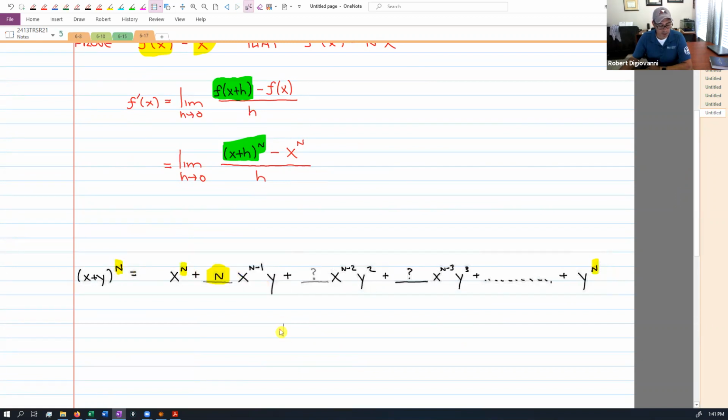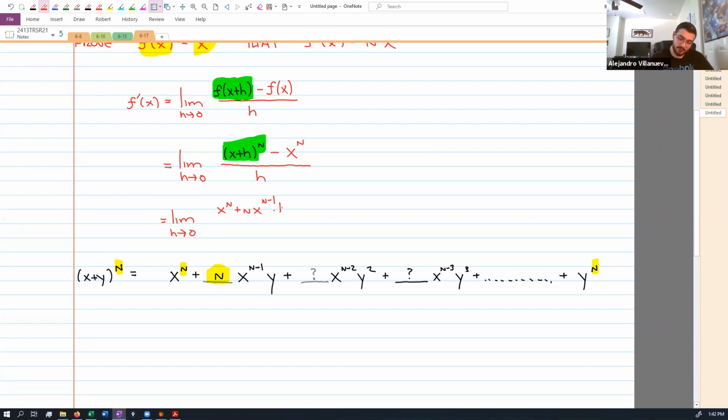So using what we already established, this should be equal to, you know what, I'm gonna do it here. Limit h goes to 0. This in green becomes x to the n plus n x to the n minus 1 times what? What do we have instead of y? H. So times h plus some number that I never figured out, then x to the n minus 2 times h squared.